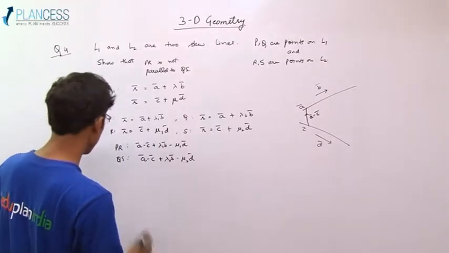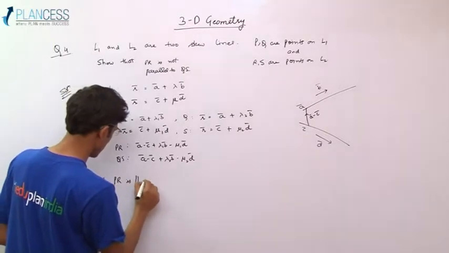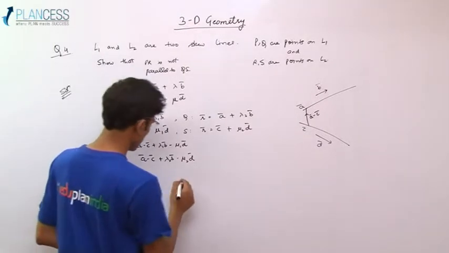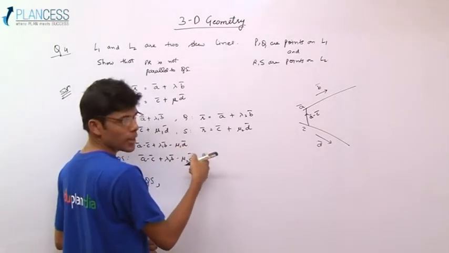Okay, so if PR is parallel to QS, then this vector is some, say, gamma times this vector.